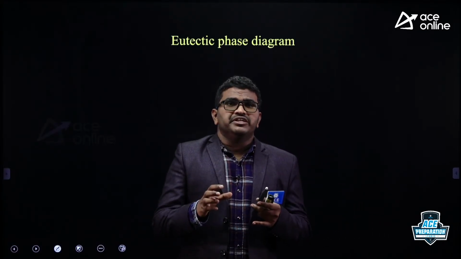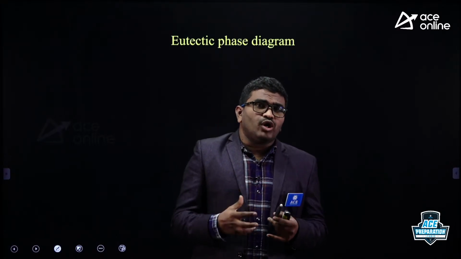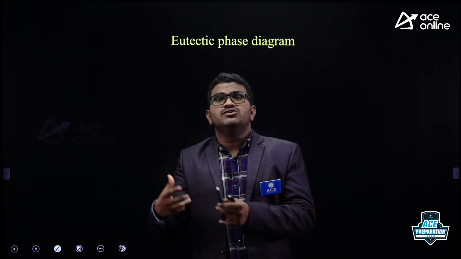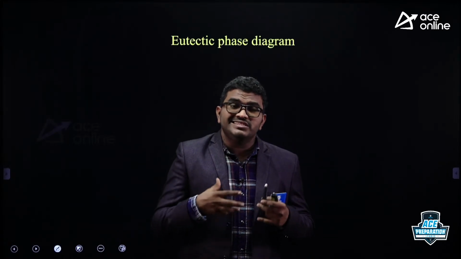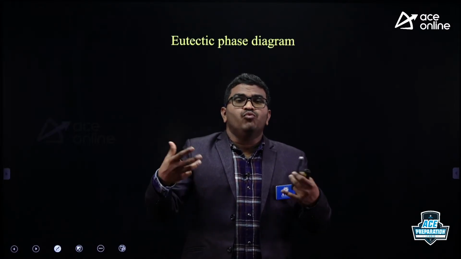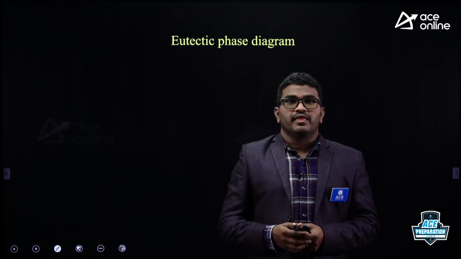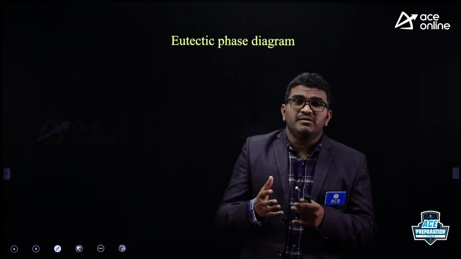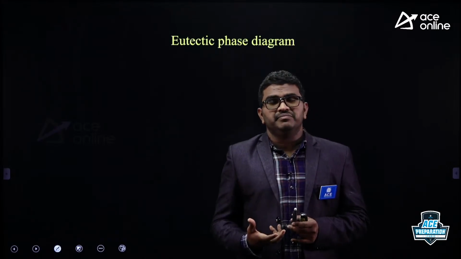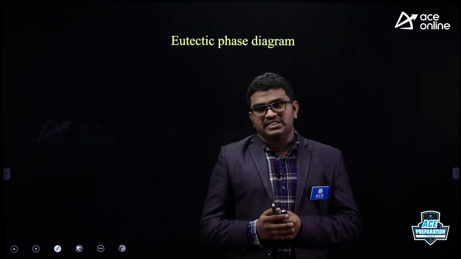The two components are completely soluble in the liquid state but partially soluble in the solid state. That means in the solid state the composition generates more than one phase. So the examples for the eutectic phase diagram are the lead and tin phase diagram and the iron cementite phase diagram.